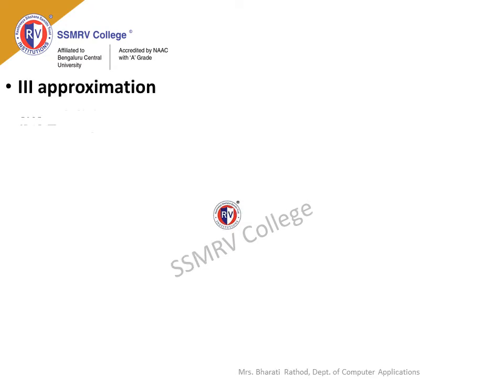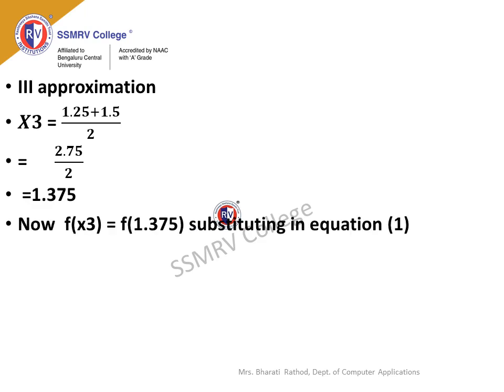Third approximation. The third approximation to the root is x3 = (1.25 + 1.5)/2 = 1.375. Now find f(x3) by substituting the value of x3 in equation number 1.